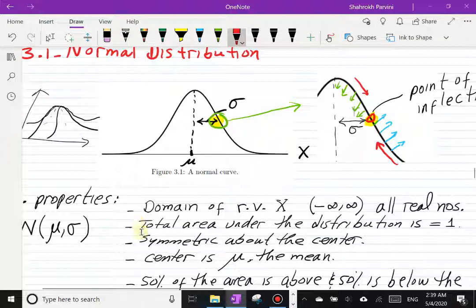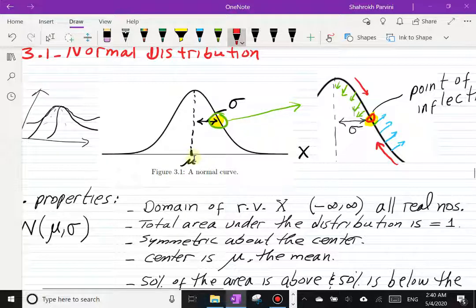The distribution is symmetric about the center where the mu is. And by the way, the center, the peak of a distribution, is where the modal value is. So mu is not only the mean, it's also the mode of this distribution, the peak of the distribution. And the median is also the same. That means 50% of the scores are above, 50% of the scores are below this.